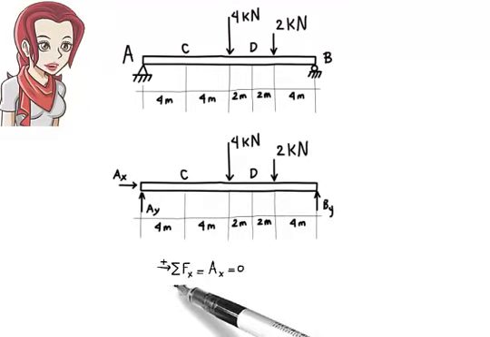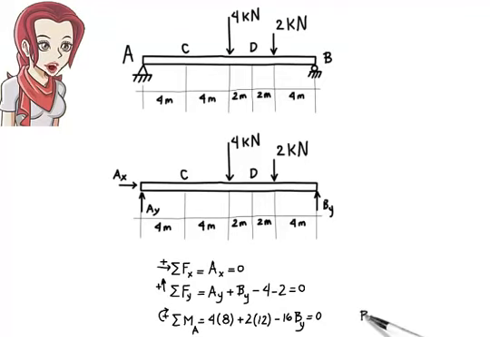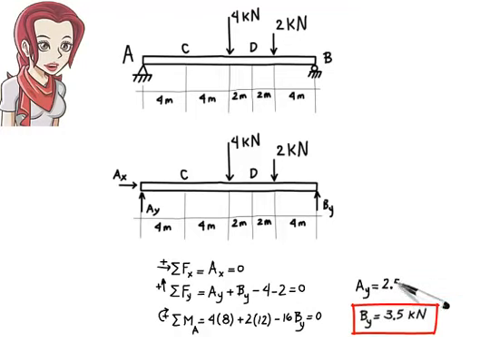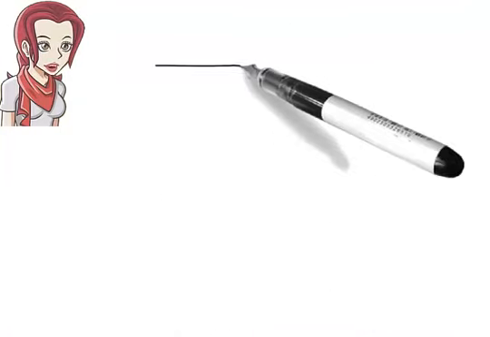Here are the equilibrium equations. From the last equation, we can calculate By. By equals 3.5. From the second equation, we get Ay equals 2.5. And the first equation gives us Ax equals 0. Here are the results shown graphically on the beam.